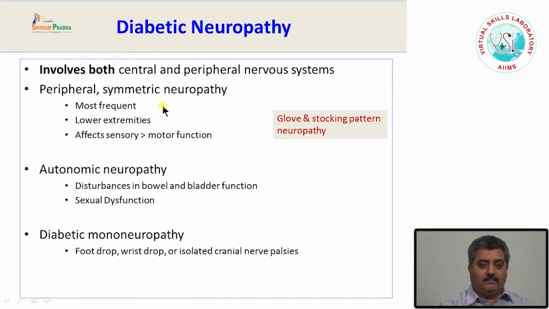Now, as I mentioned, these patients have very symmetric involvement of the nerves, what is called the gloves and stocking pattern of neuropathy, and the sensory dysfunction is more as compared to the motor dysfunction. Sometimes there may be involvement of the autonomic neuropathy, which manifests as sexual dysfunctions or disturbances of the bladder and bowel. Rarely these patients have diabetic mononeuropathy.